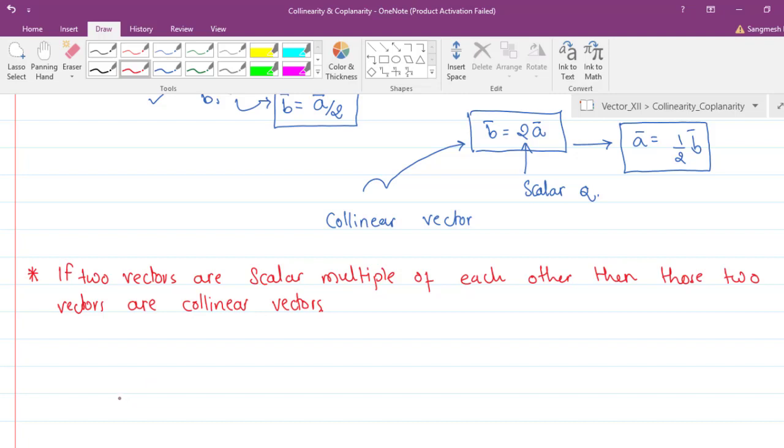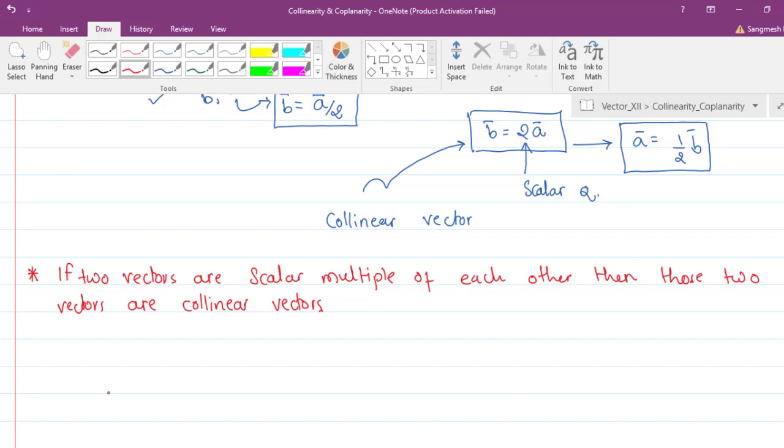I hope it is okay. So our task is just to check the vectors, and if they are scalar multiples, then we'll directly conclude that these two vectors are parallel, you can say collinear, you can say.